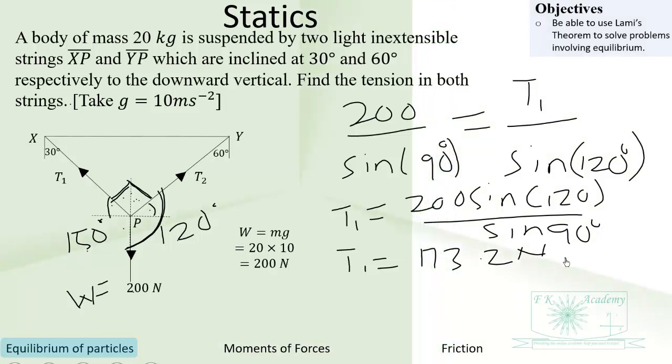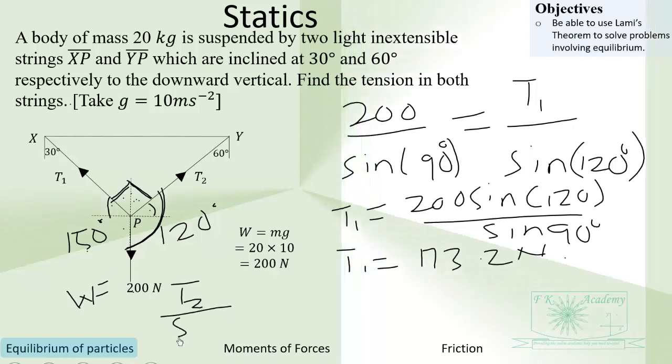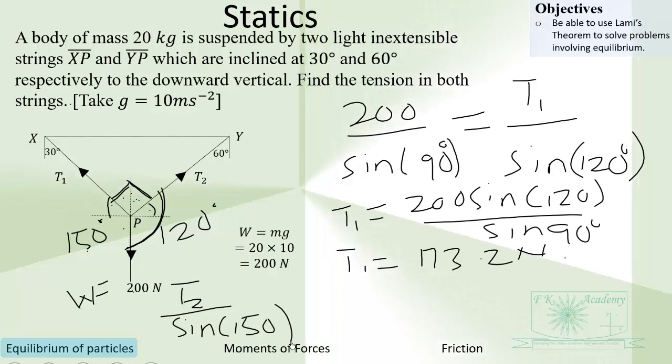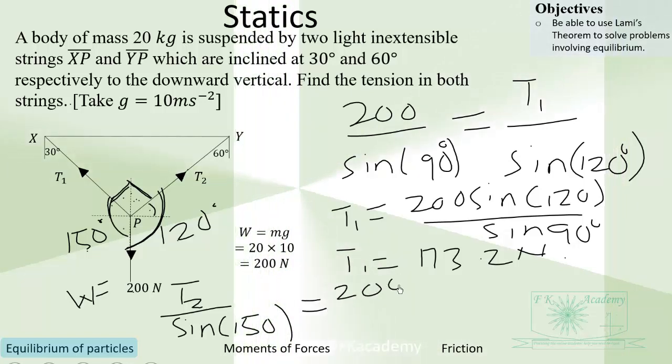Then we can also use Lami's theorem again to find the second tension. So T2 over sine 150, the sine of the angle directly opposite to it, will be equal to again 200 over sine 90 degrees.